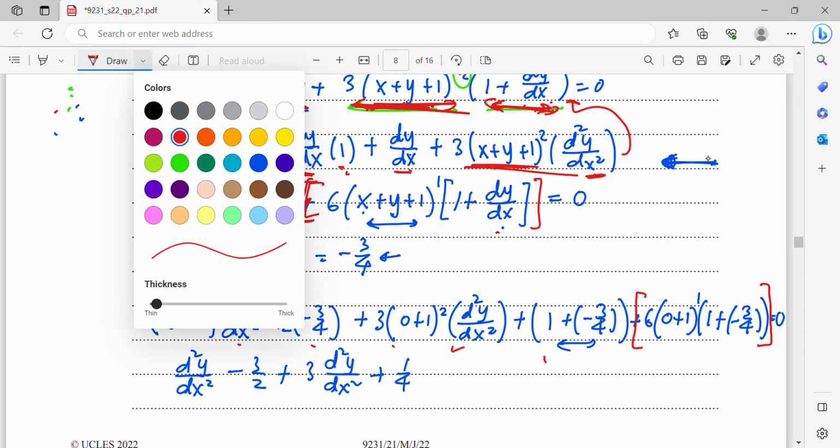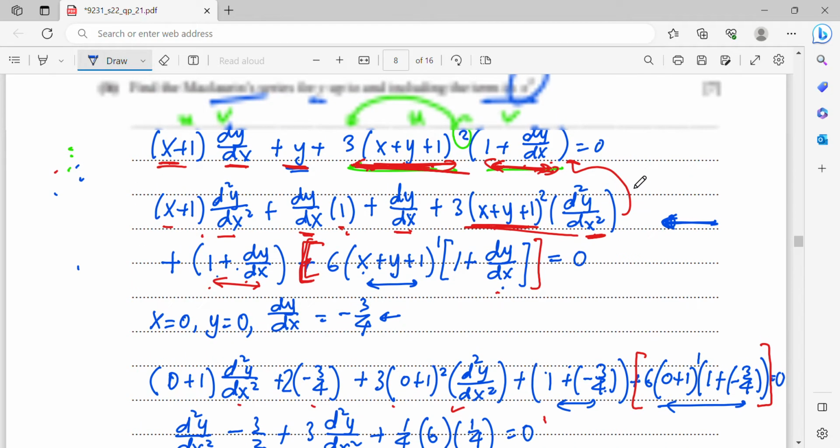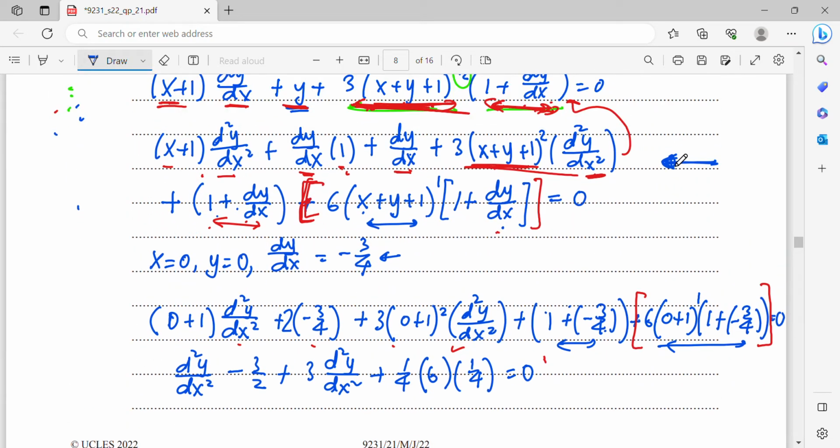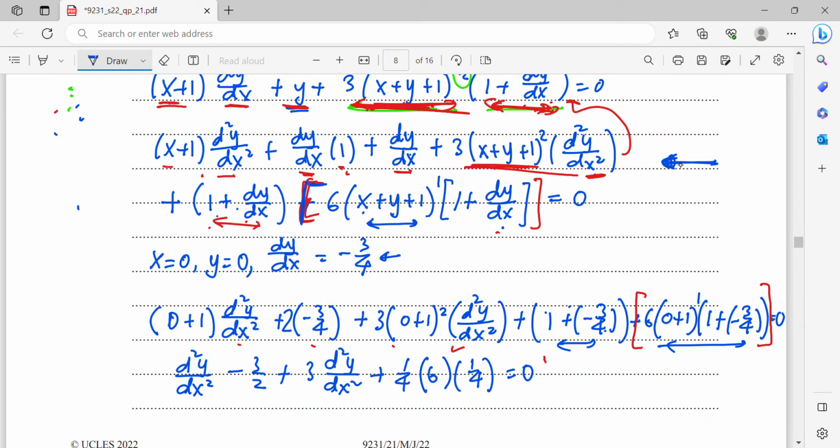So which means 1 plus negative 3 over 4 is 1 over 4. So multiply by all of this. So I multiply by 6. Then 1 minus 3 over 4 is 1 over 4. I should get this. That equals to 0. Alright. So sorry for the small mistake. So shouldn't have plus, but it's just times. Right. So my working supposed to be times. Okay, here supposed to be times.